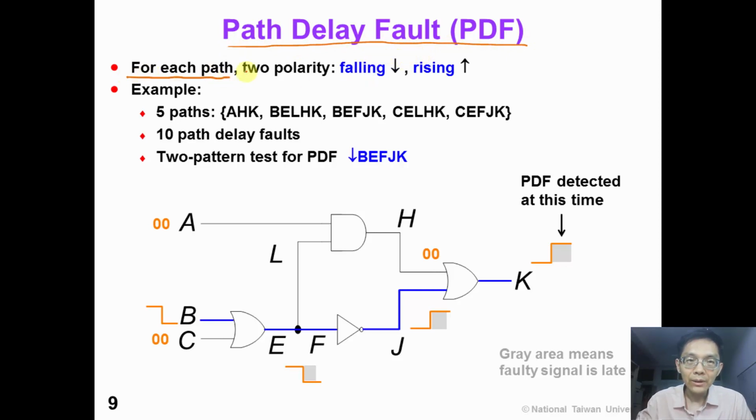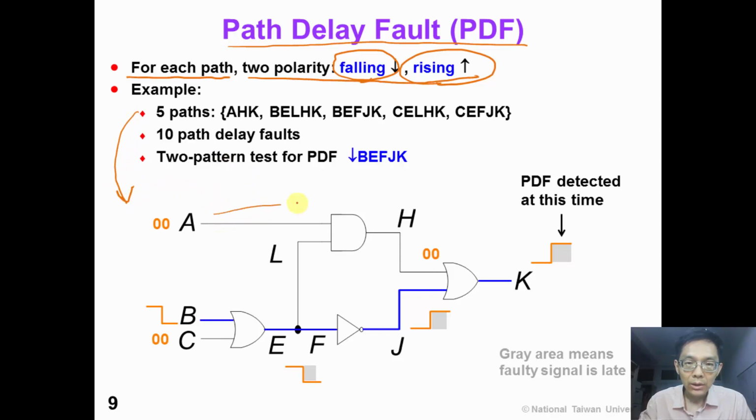For each path in the circuit, we have two potential path DelayFaults, the falling polarity and the rising polarity. In this particular example, we have 5 paths in this circuit.